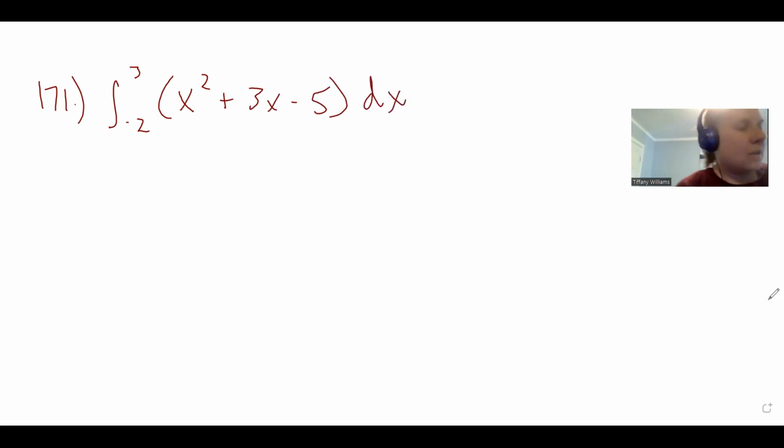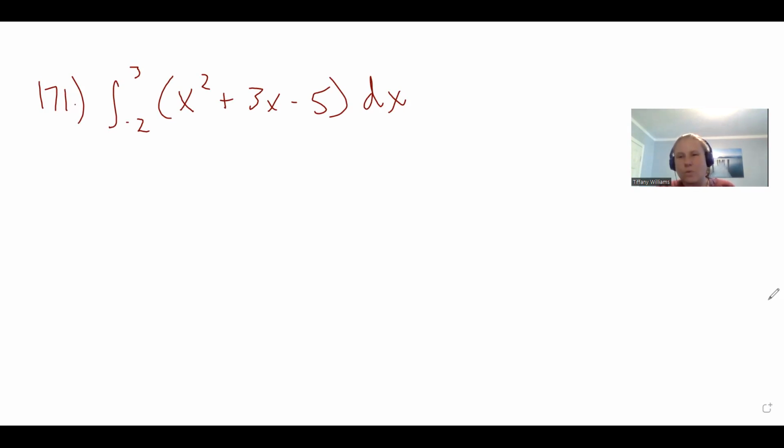So on 171, we had the integral from -2 to 3 of x squared plus 3x minus 5 dx. If you're going to do this one, this is the one that's really nice because all you really have to do is take the integral of your function, which in this case is x squared plus 3x minus 5.